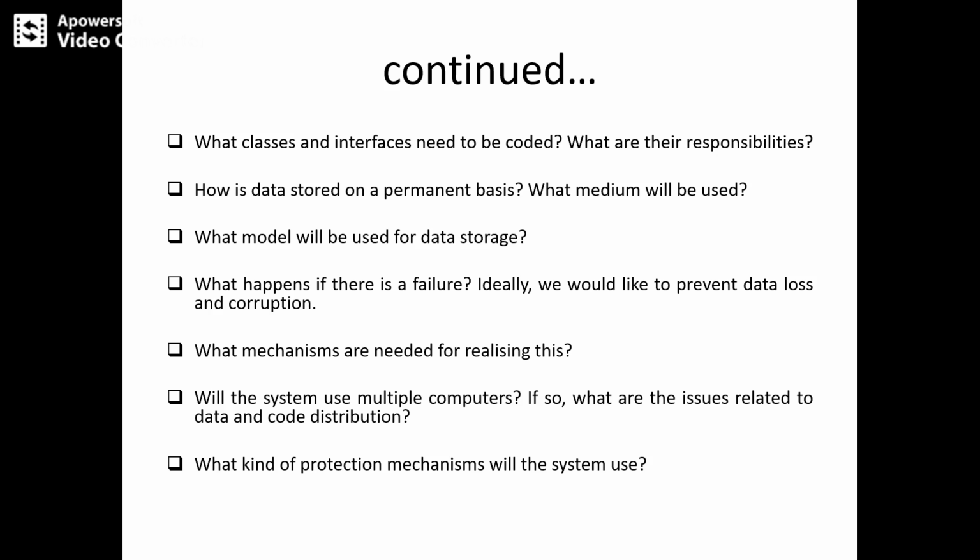What kind of protection mechanism will the system use? How do we control access, and what type of access matrix or protection mechanism will be used? How are we going to protect the entire system? All of this we need to address while designing the system.